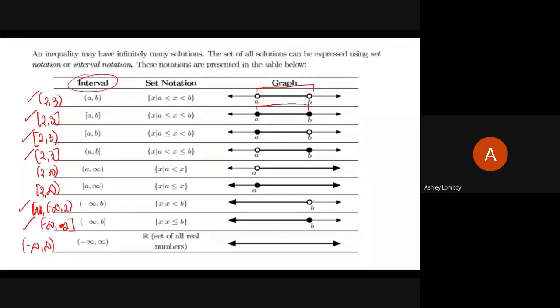In-explain ko yan kanina, pagkakaiba ng bracket sa parenthesis. Mahaba ang lesson natin, kaya bilisan nyo. Nasa review pa lang ako. Ang sabi niyo, kasama ang -7 sa solution set. Kung kasama ang -7 sa solution set, anong gagamitin? Bracket or parenthesis? John Mark?